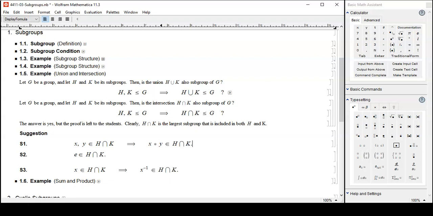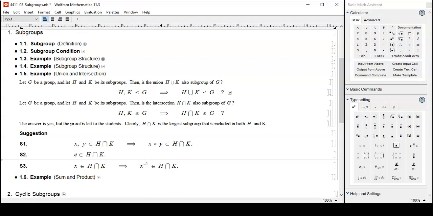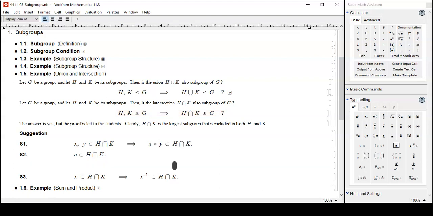Let's see, the identity exists, and it exists in G, but then again, H is a subgroup, K is also a subgroup. So the identity must exist in H, and also in K, and also in G, but the identity is identity. There's only one identity there.